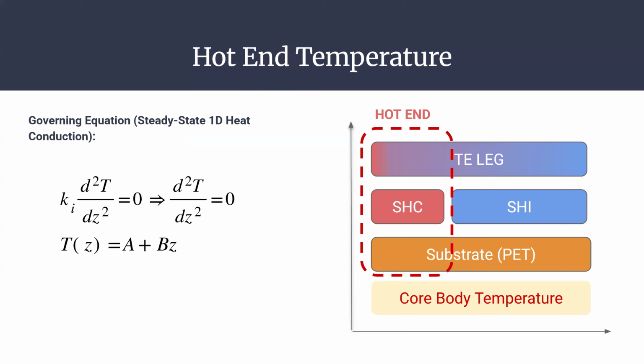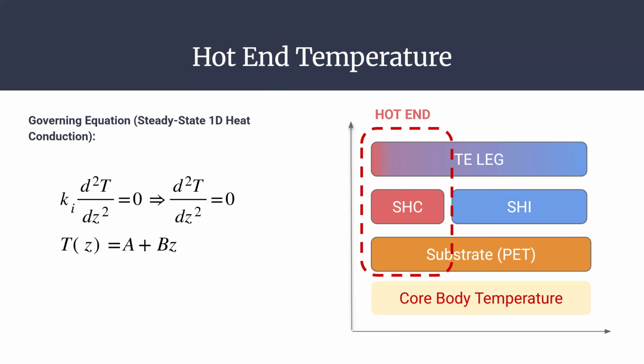As you can see on the left-hand side, there are two equations, and the top equation is the steady state 1D heat conduction equation, which is composed of the product of thermal conductivity of the material in that layer and the second derivative of temperature with respect to Z.